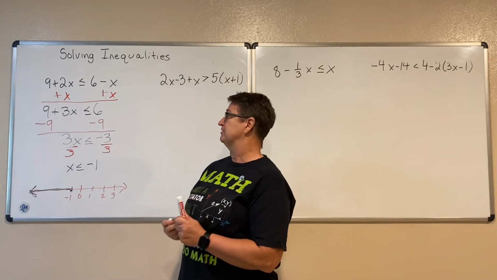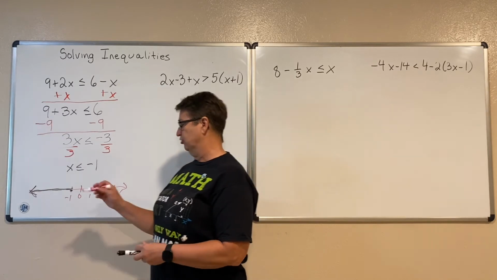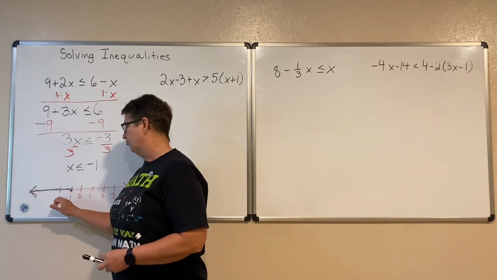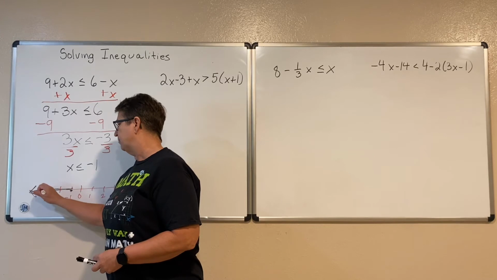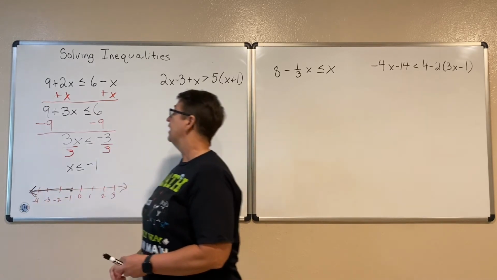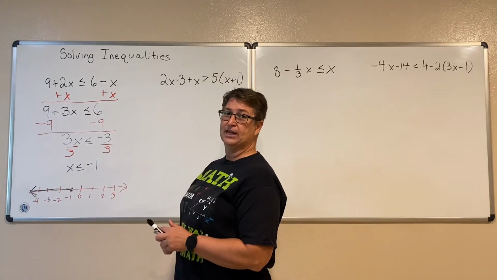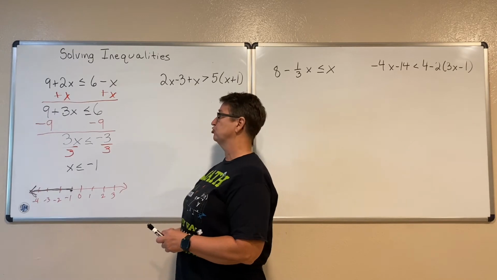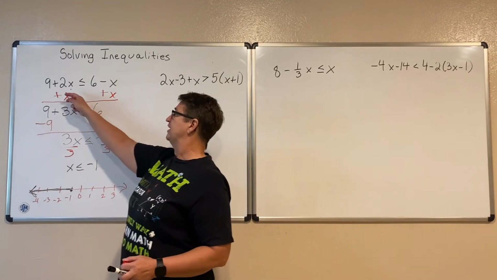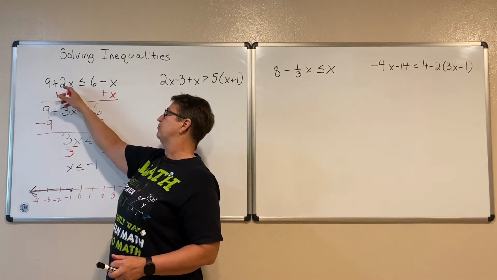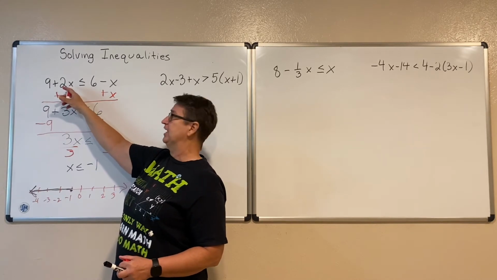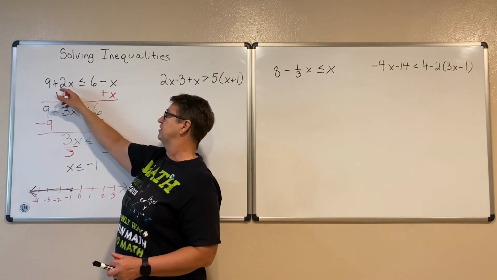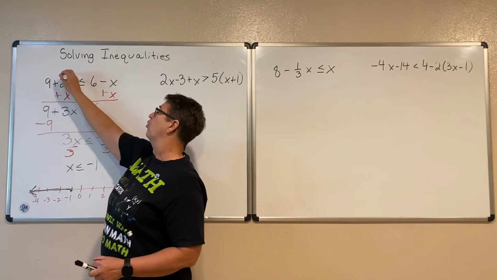Just to check myself, I'm going to pick some value that is less than negative 1. Let's say I pick a negative 4. I'm going to plug that negative 4 in and test to make sure it's true. 2 times negative 4 makes negative 8. 9 plus negative 8 is 1.